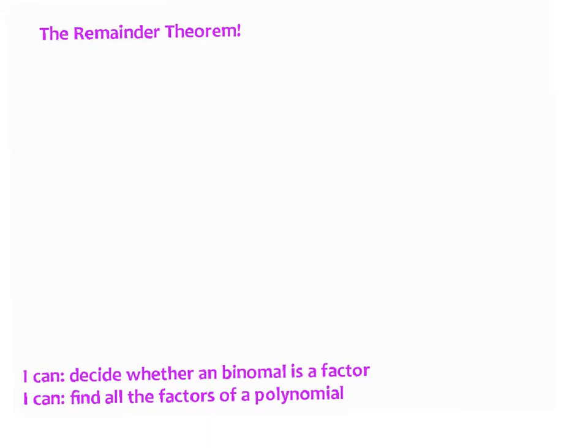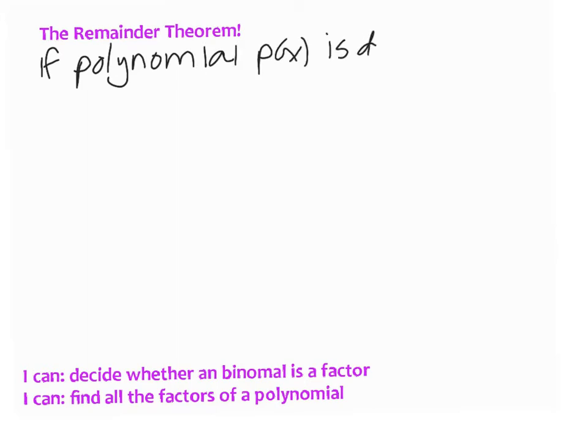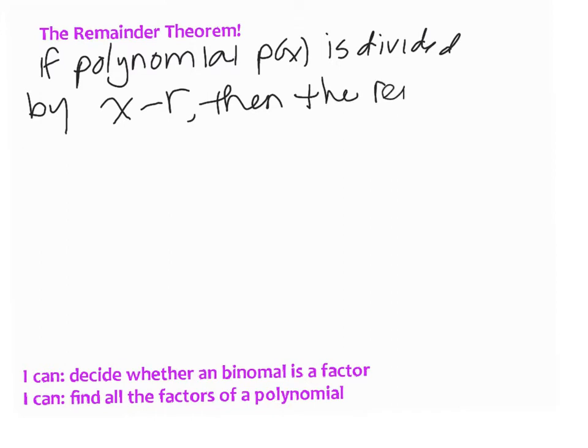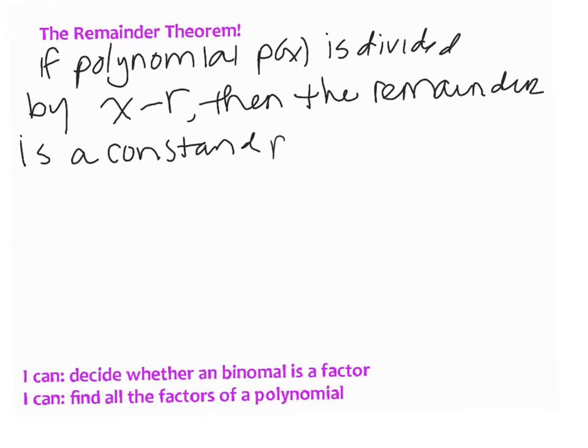So the remainder theorem says that if the polynomial p of x is divided by a factor, which I'm going to call x minus r, okay, that's a factor, then the remainder is a constant, p of r.